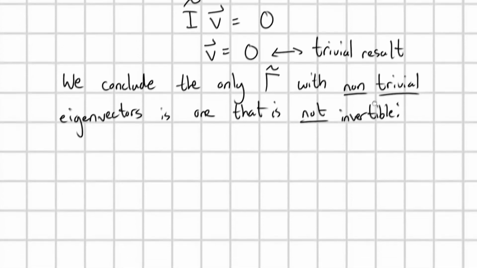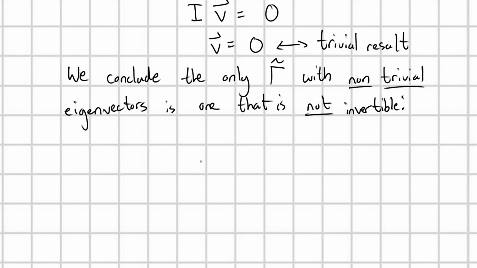Or based on the condition we talked about before, right? A matrix is not invertible if its determinant is equal to 0.